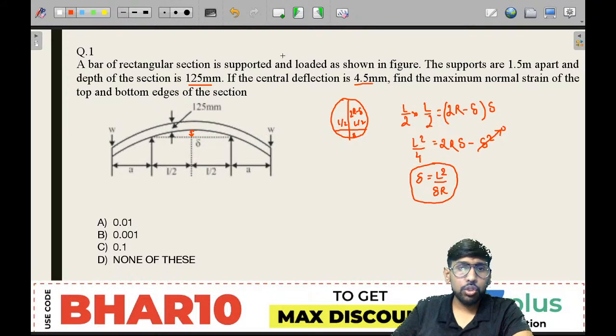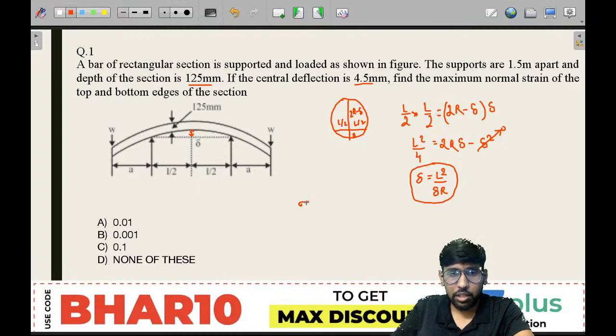In this question you have been asked to find the maximum normal strain at the top and bottom edge. Since it's a rectangular cross section under bending, the strain at the top and bottom edge will be the same.